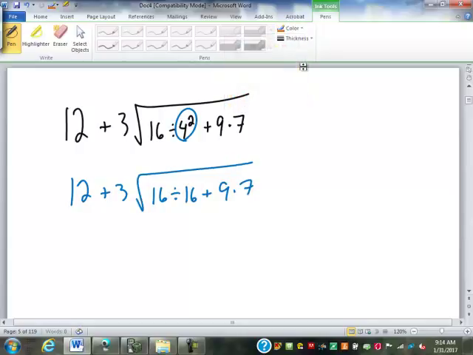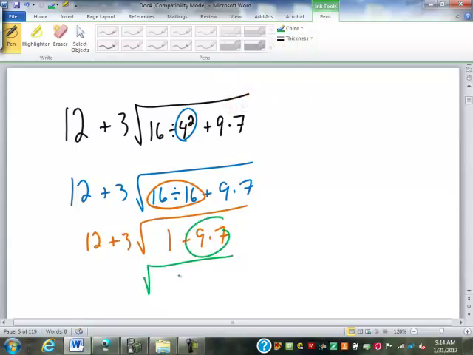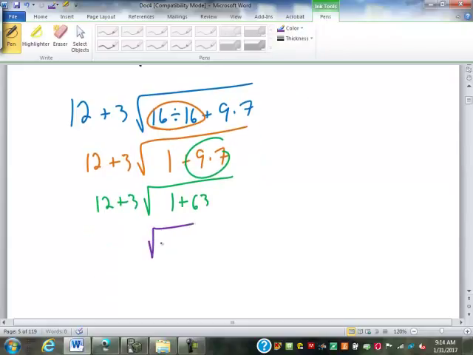And then multiplication and division, left to right. 16 divided by 16, 1. And then 9 times 7 is 63. And then 1 plus 63 is 64.